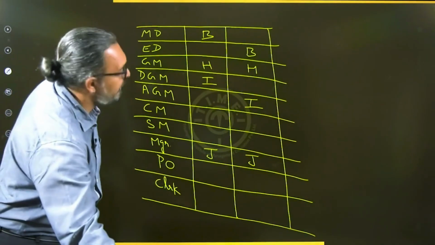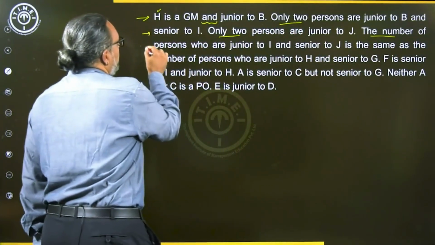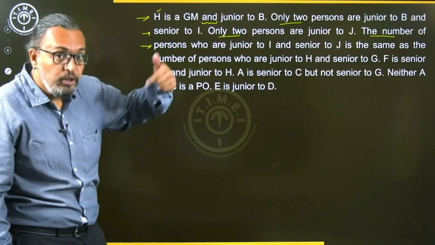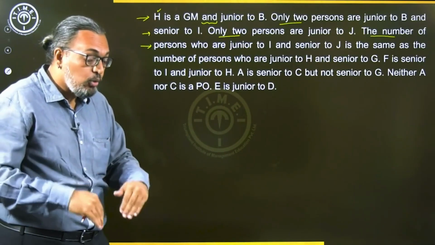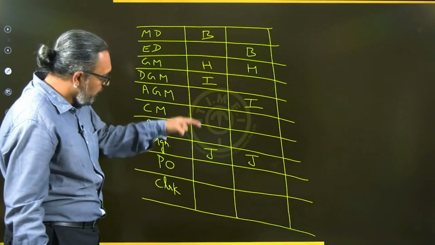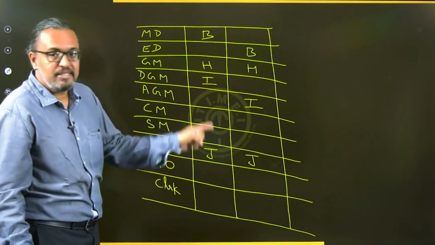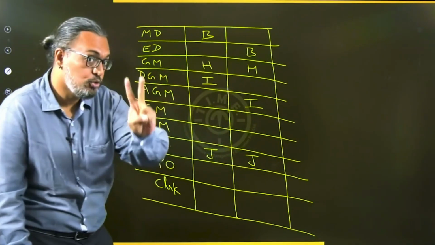Correct? Then, he says the number of persons who are junior to I and senior to J. So, let us check that. Look at this, junior to I and senior to J in the first case is 3 and in the second case it is 2.